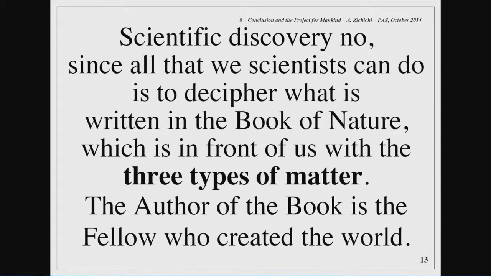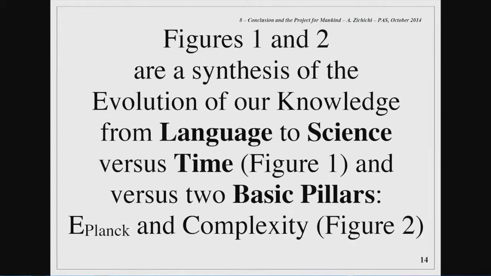Scientific discovery, no, since all that we scientists can do is to decipher what is written in the book of nature, which is in front of us with the three types of matter. The author of the book is the fellow who created the world. The next figures are a synthesis of the evolution of our knowledge from language to science versus time, and versus two basic pillars, namely Planck and complexity.